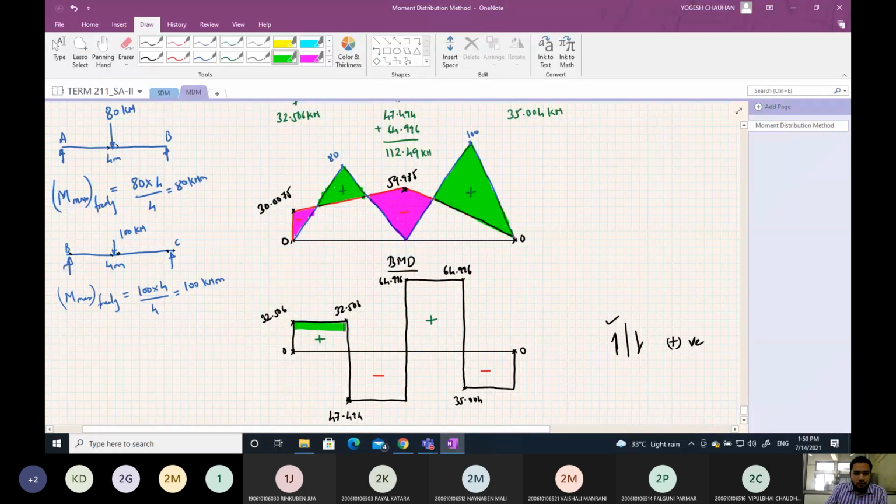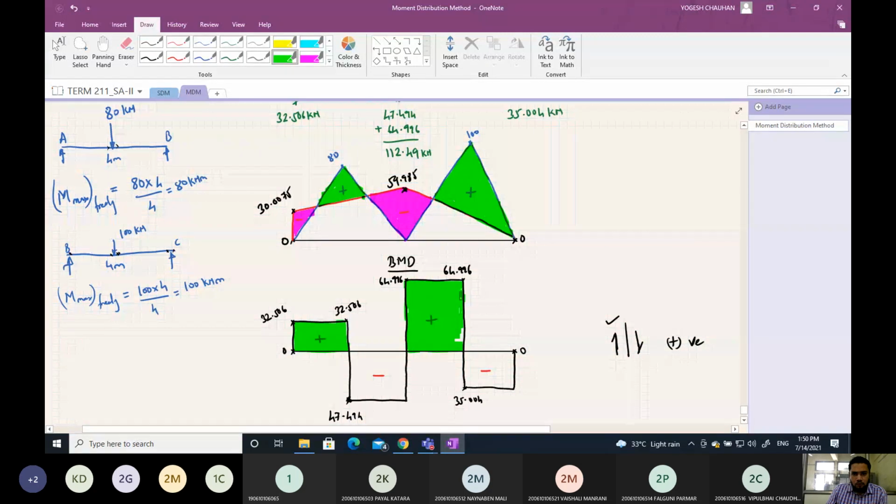This is the positive shear force diagram. And this is negative shear force diagram.